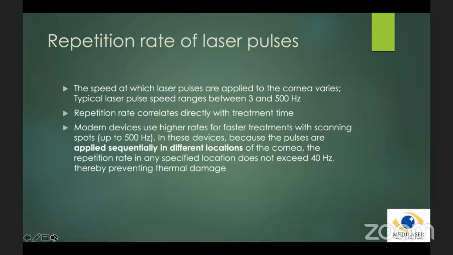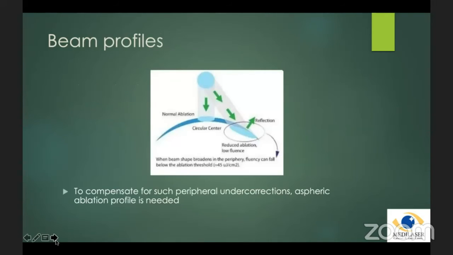If it's a very slow repetition rate, the cornea may dry up or there may be loss of fixation. Whereas if the repetition rate is too high, then there could be thermal effects. So modern devices that use flying spots deliver these spots at different locations so that there's not that much thermal buildup during the profile.